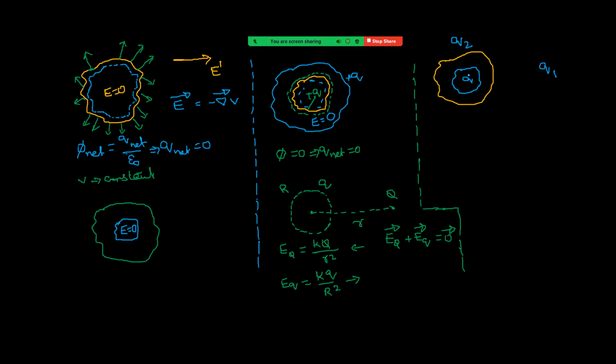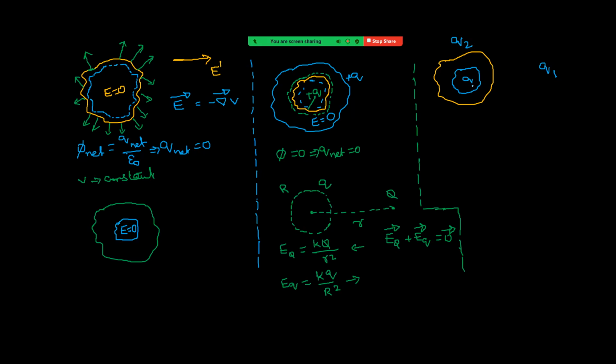So inside the cavity, the field is only because of the inner charge. The effect of all outer charges, including the charges on the surface of the conductor, will be 0 inside the cavity. In the same way, the effect of the charge inside the cavity in the outer region will be 0. For example, if we change the location of Q1, still inside the cavity the field remains the same.